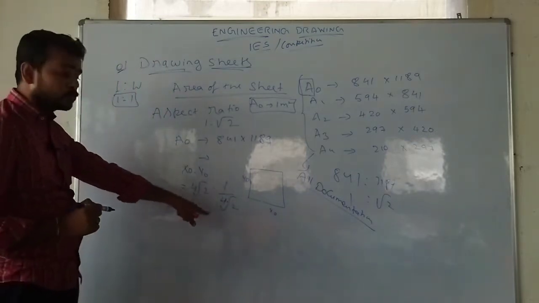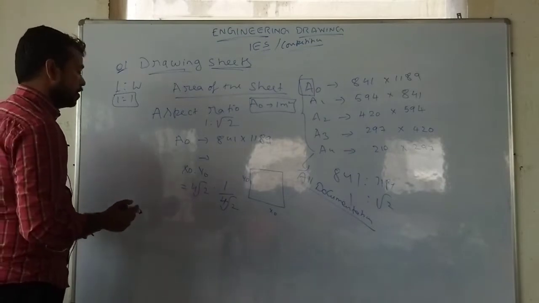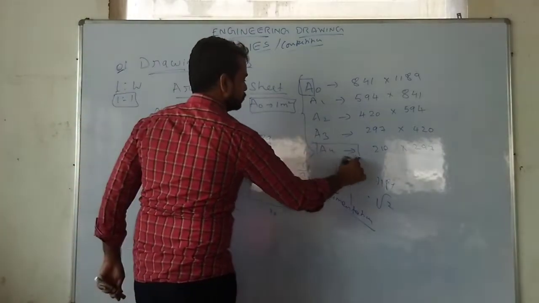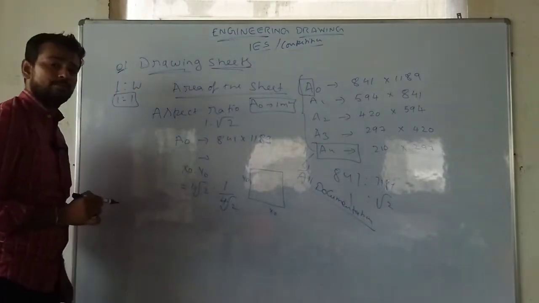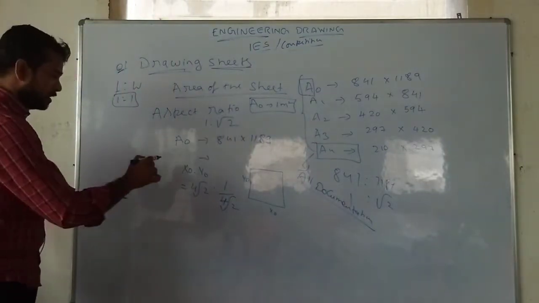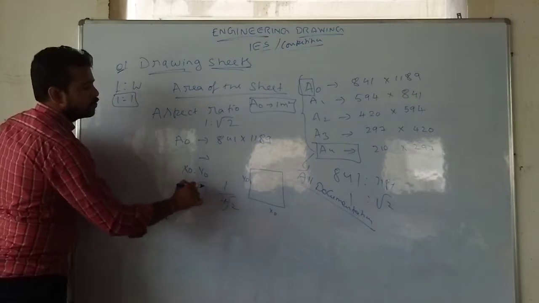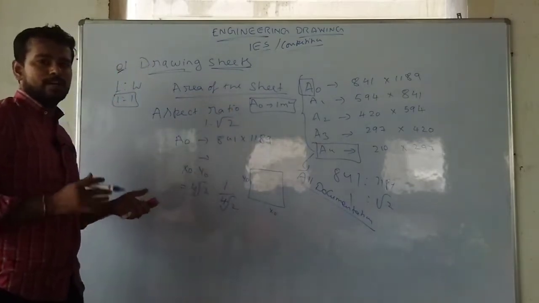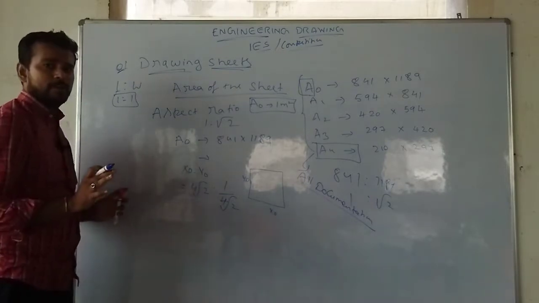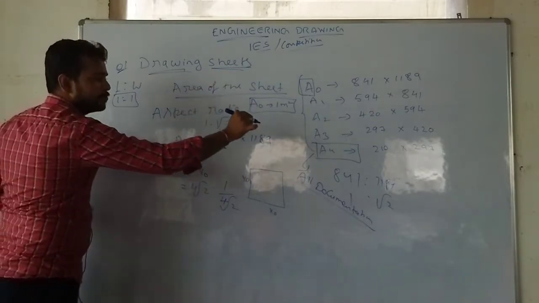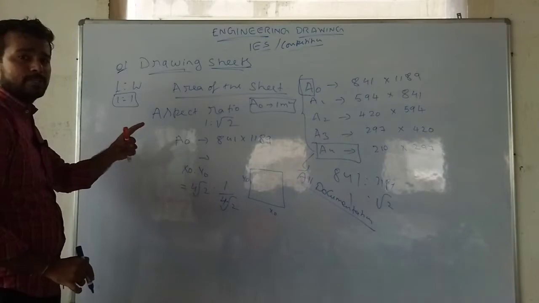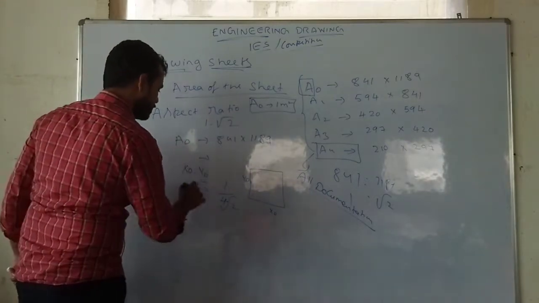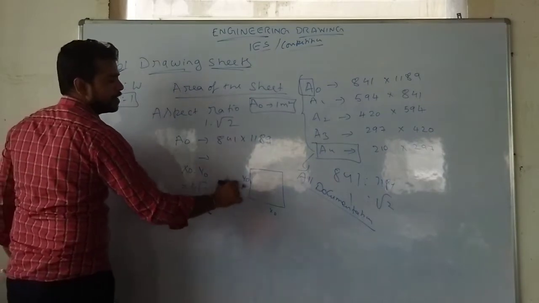Why, sir, only 4√2? Because for standard documentation purposes we are using A4. If it were A3 you could use 3√2, but it is 4√2 only, according to the A4 sheet.